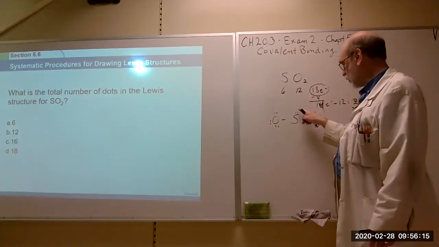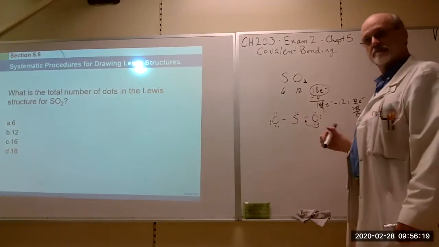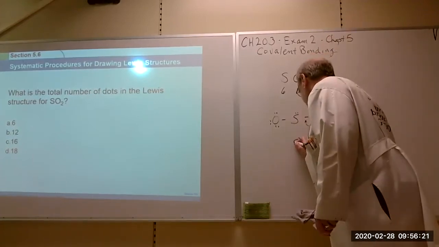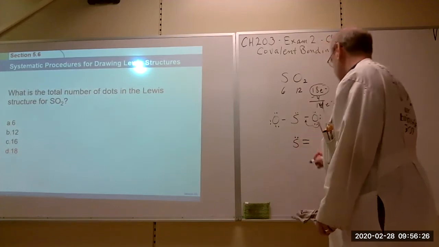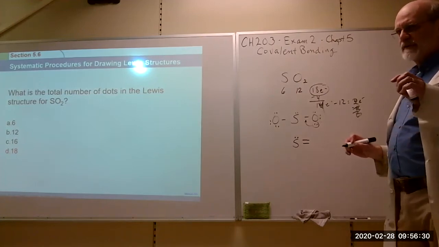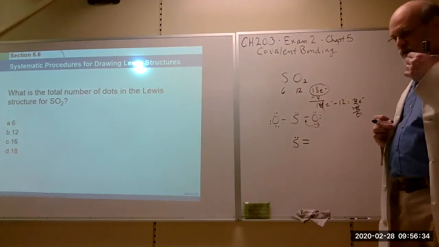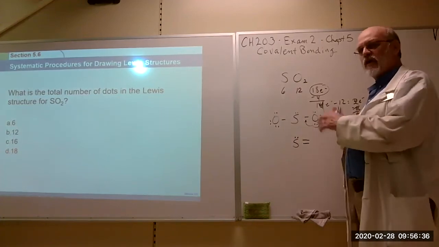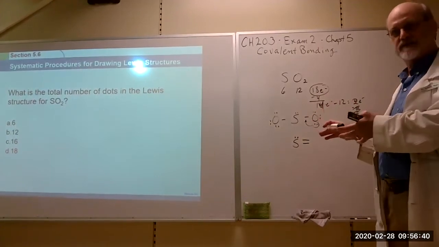And now we have 2, 4, 6, 8 for the sulfur. Okay, so it would be one of those coordinate ones, right? Because it's sharing, but it's not really giving. Yeah, not strictly speaking, though. The reason being is this is an artificial construct. This is not the actual bonding process.